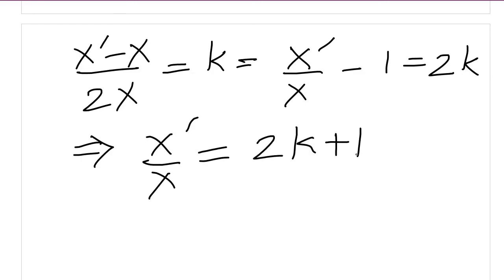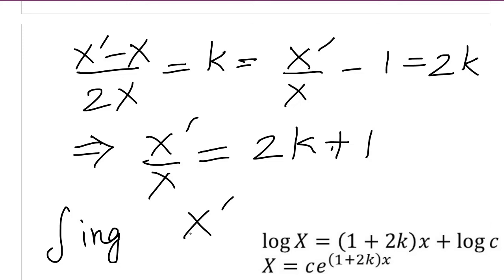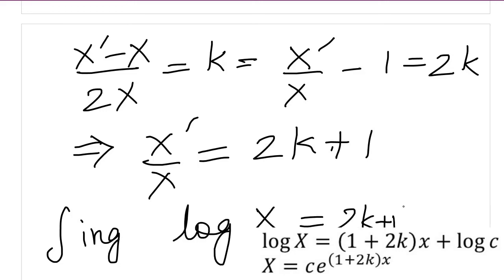Now this X'/X, I have to integrate both sides with respect to x. Integrating both sides with respect to x, I'll be left with log X, since the integral of X'/X is log X, equal to (2k + 1), which is a constant, so (2k + 1) times x.